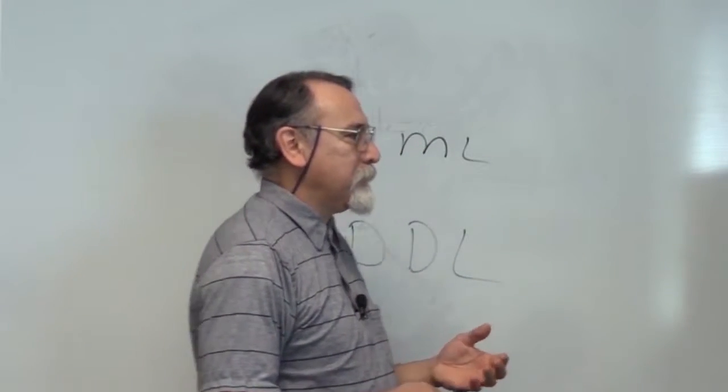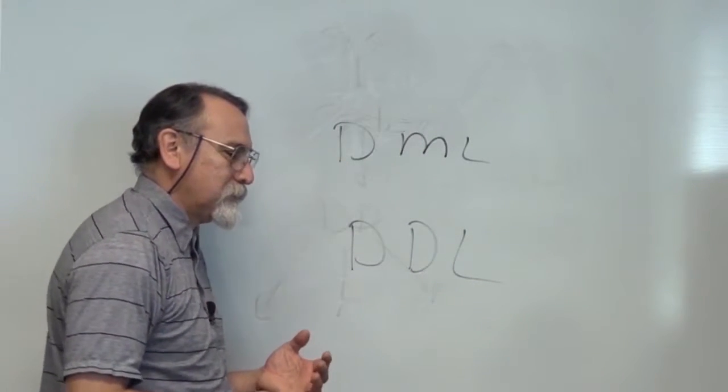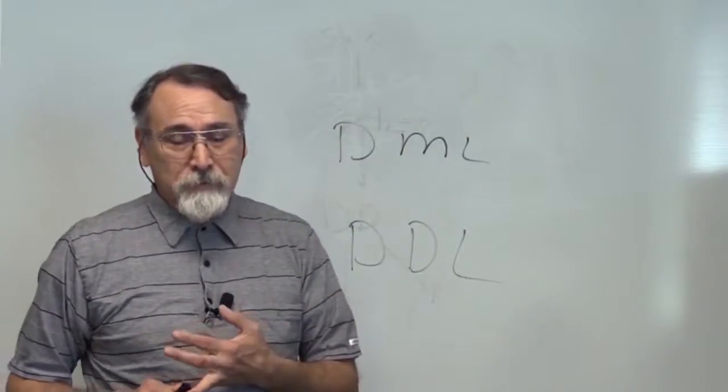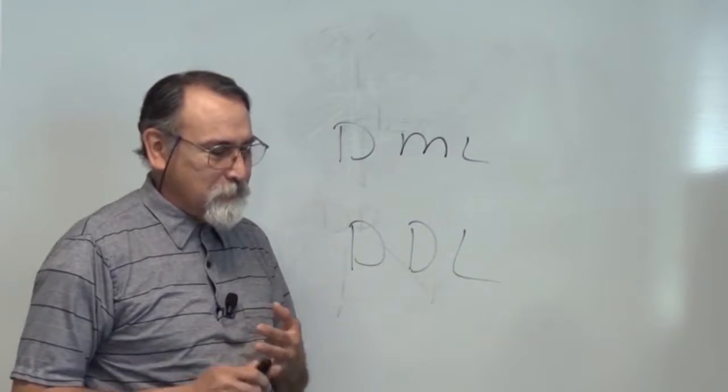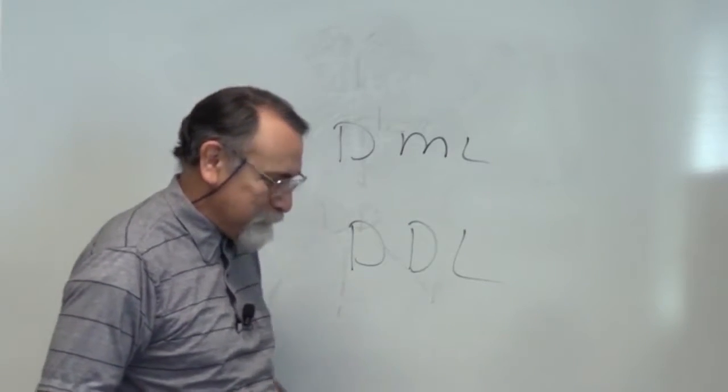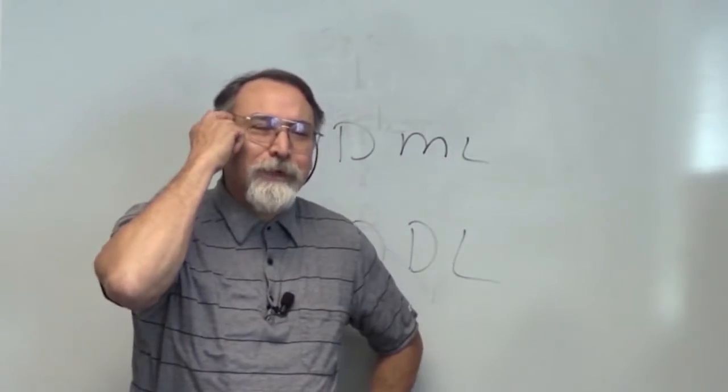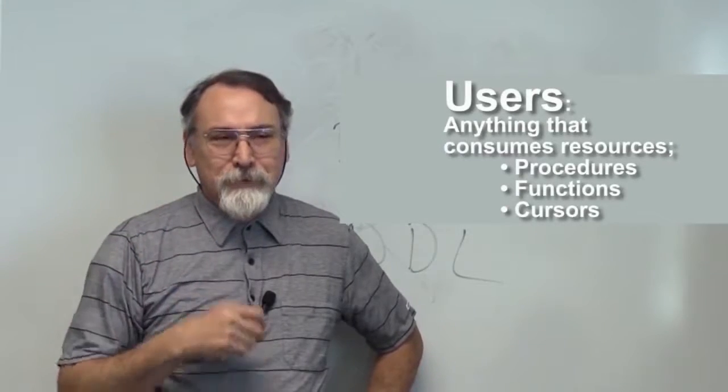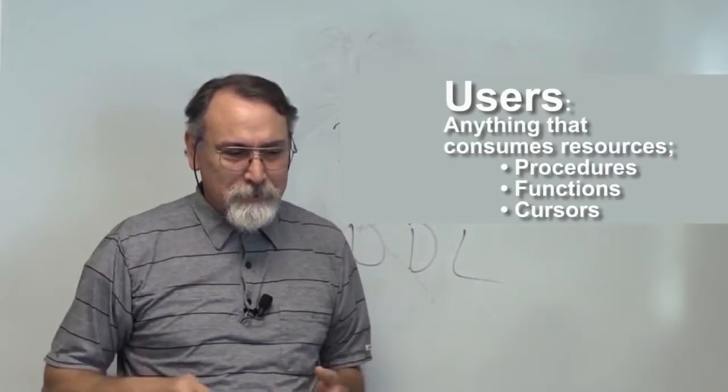So you have the system level events, which turn on and off, and you have the user level events. Now, let's go back and talk about a user. What is a user? A user is anything that consumes resources.